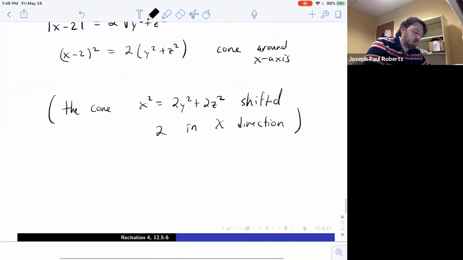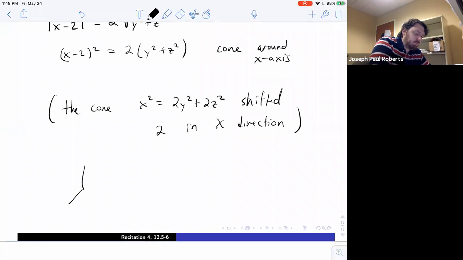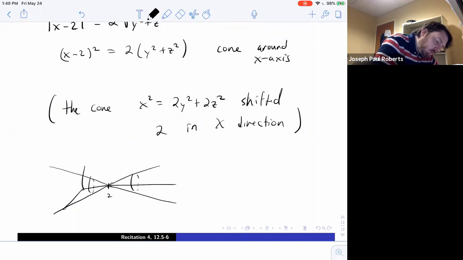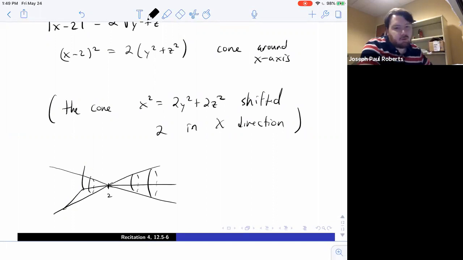So the drawing would be: x equals 2 is where the vertex is, and you have your cone around the x-axis, with the y-axis going into the page.